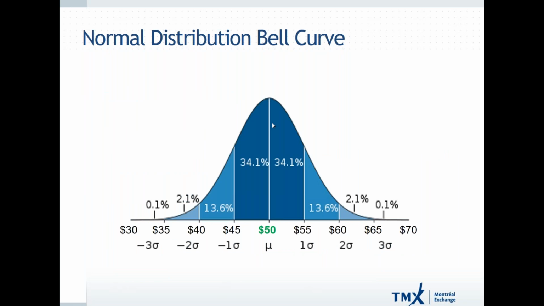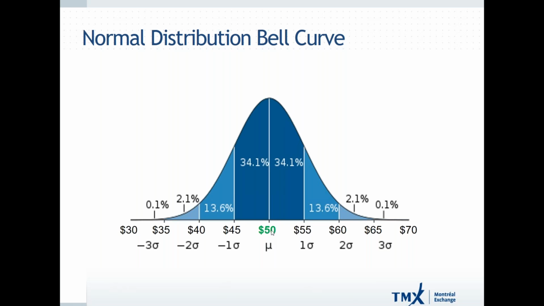So what's interesting, and we won't get too mathematical here, is that this creates what's known as a probabilities distribution curve, right? And what we have here is what we would refer to as a normal distribution curve.